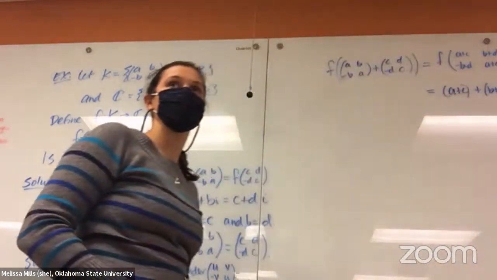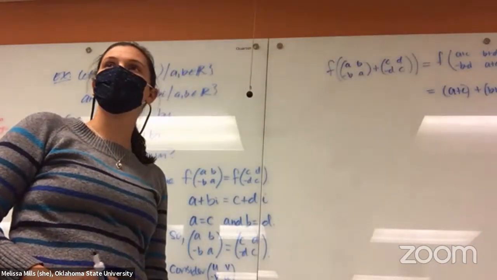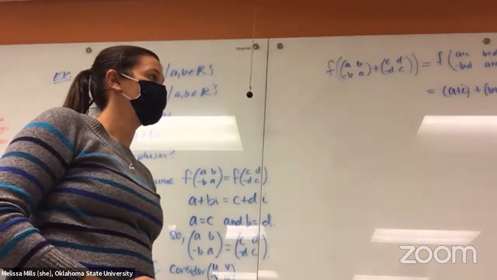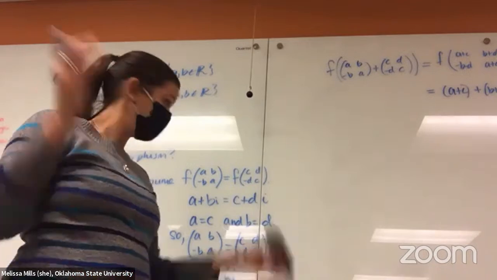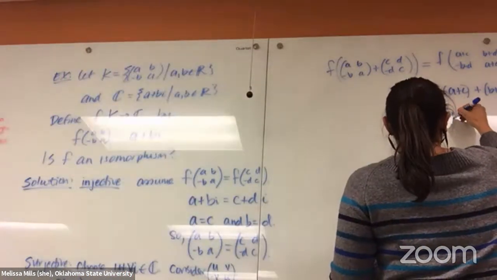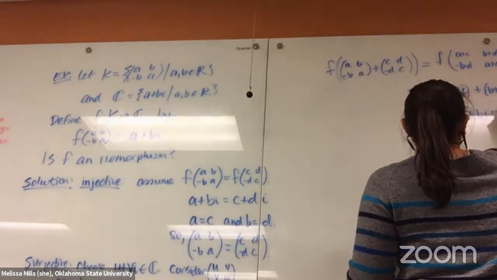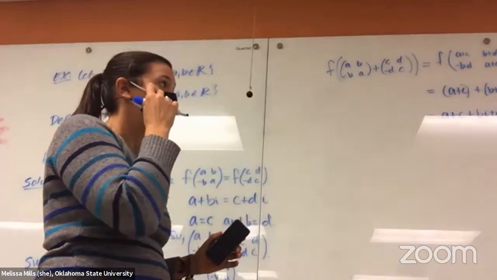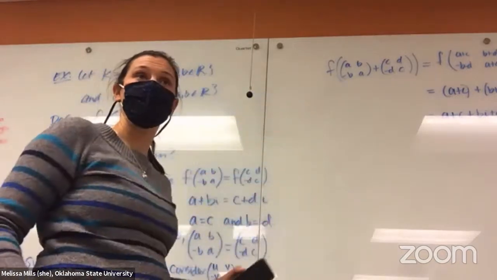Okay. Then what? Follow your nose. Distribute the I, yeah. So we'll have A plus C plus BI plus DI. Then we can gather the terms we want to gather here.